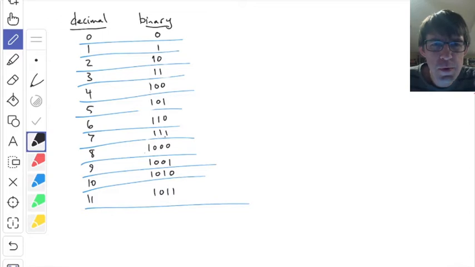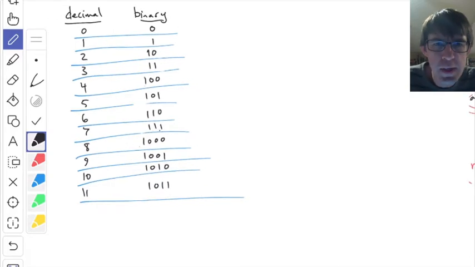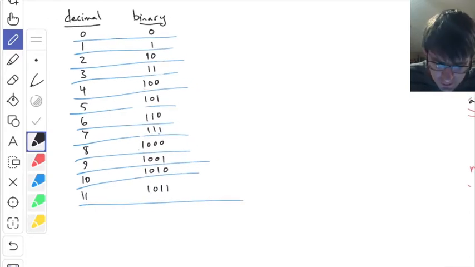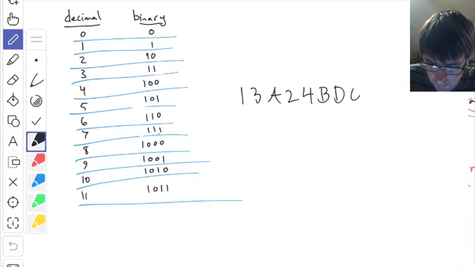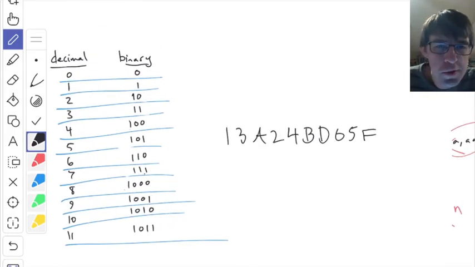That's why you might see default Wi-Fi passcodes that look something like 13A24BD05F. You may notice they only use letters up through F, because hex is base 16, and after F you carry over to the next digit. Anyway, I don't know if you care about that.